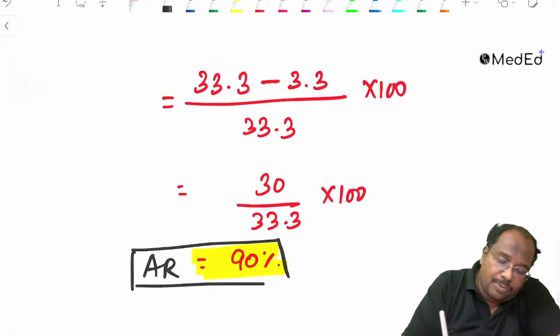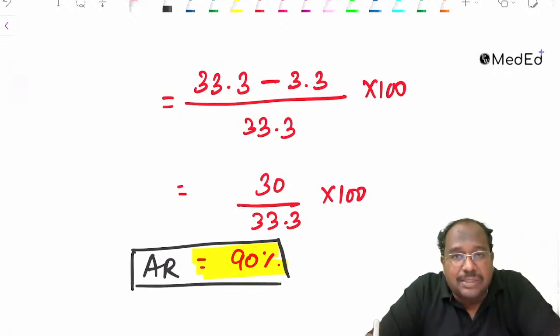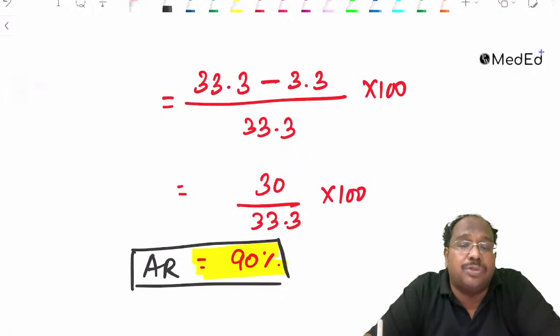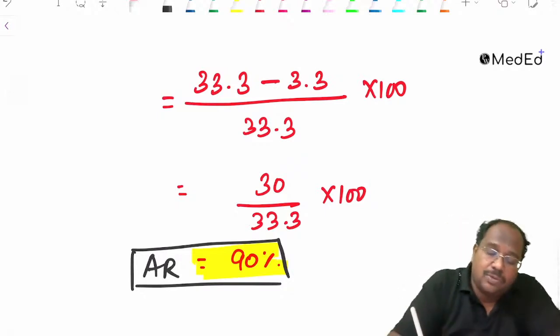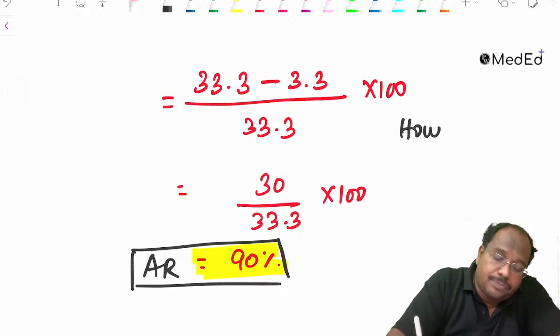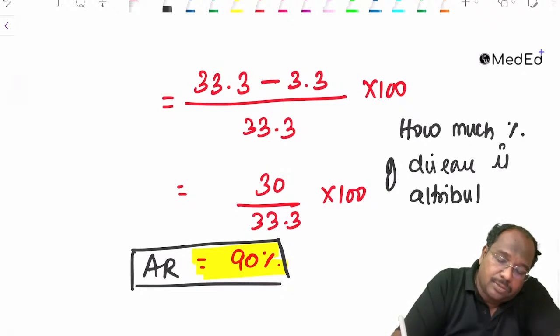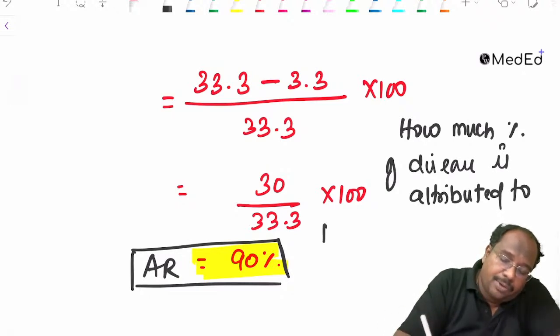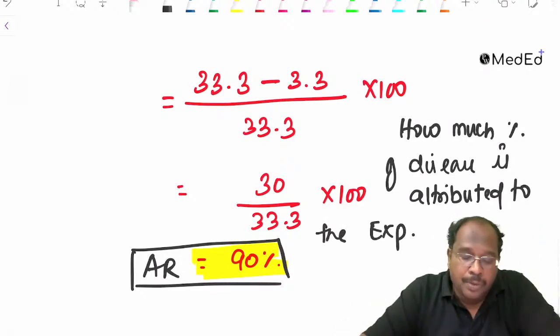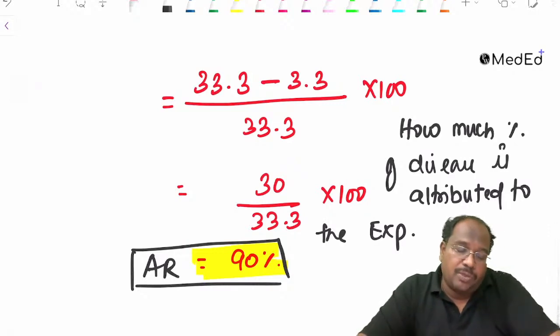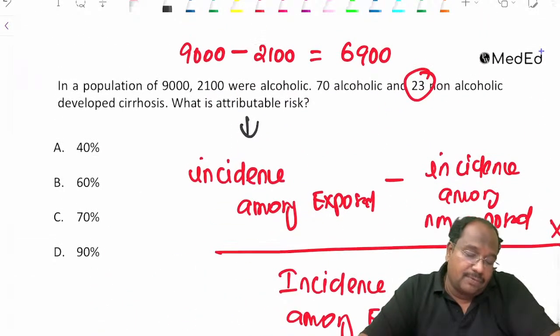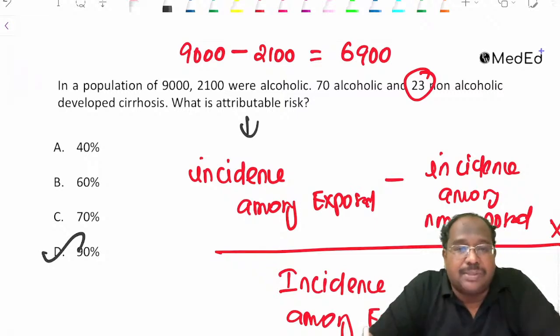Attributable risk says how much percentage of disease is attributed to the exposure. In this problem, the answer is 90%.